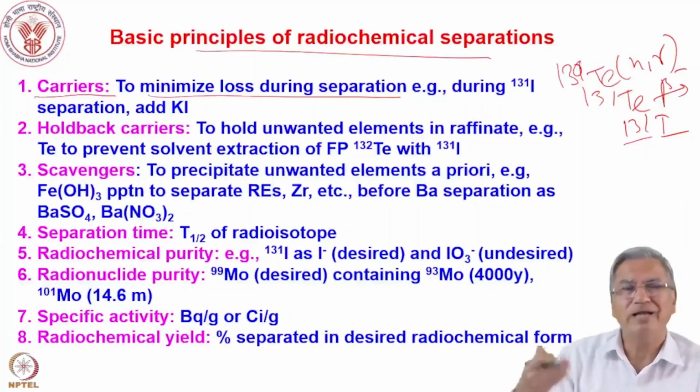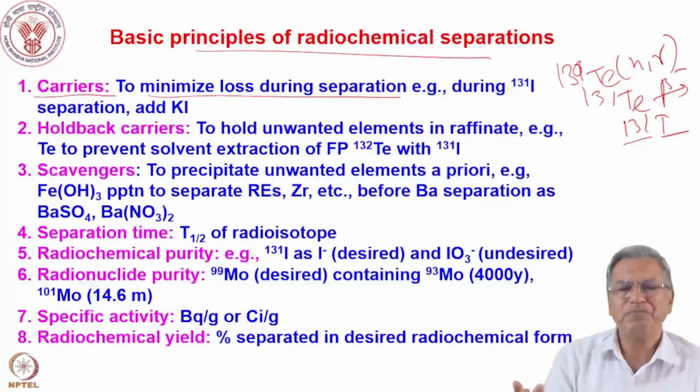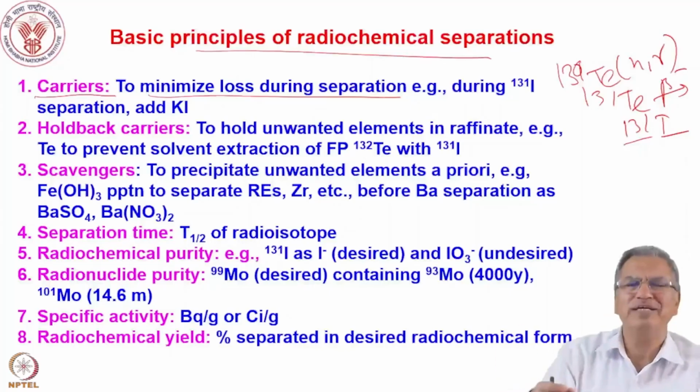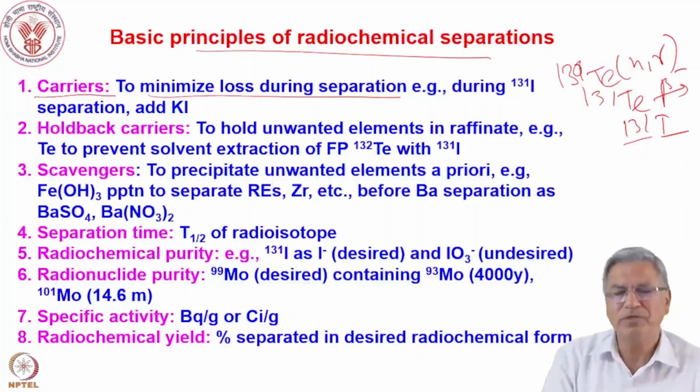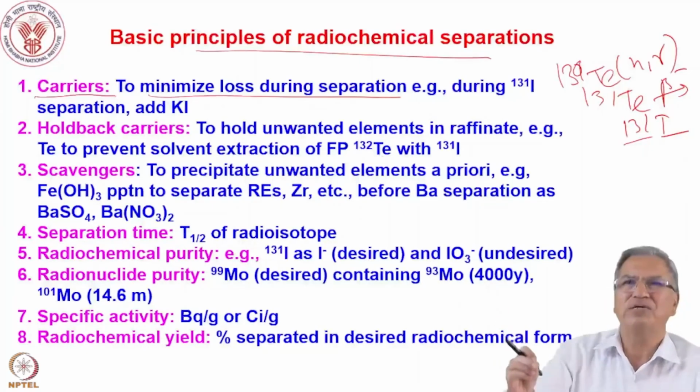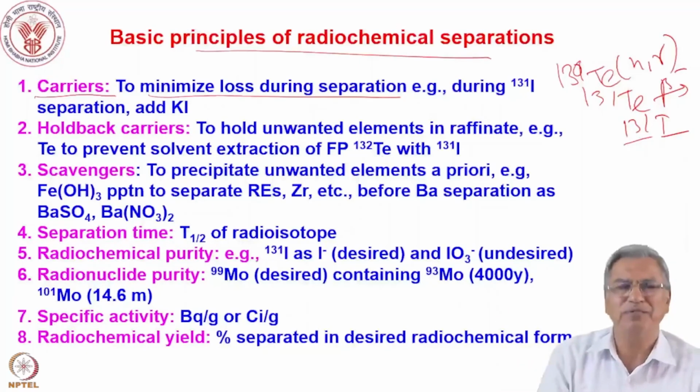So you cannot handle such a small quantity. In fact, when you put them in a container, many of them will get adsorbed onto the wall of the container. To minimize the loss due to adsorption or other effects in the reagents, it's better that we use bulk potassium iodide. So you use iodine 127 to carry this iodine 131, and the losses will be minimized.